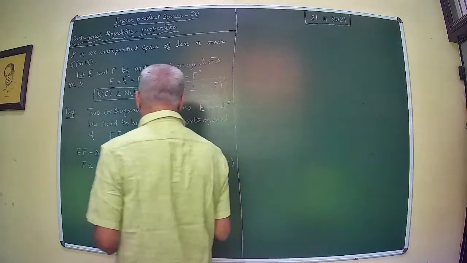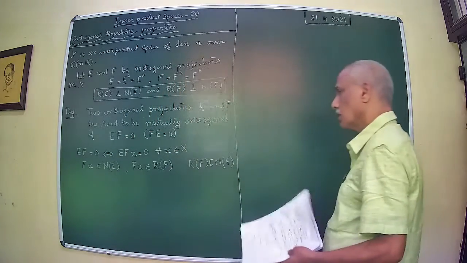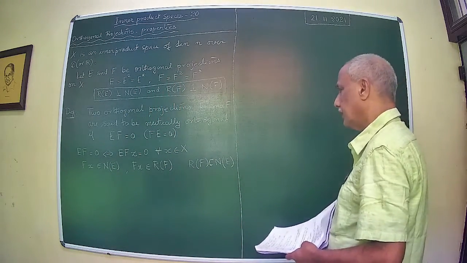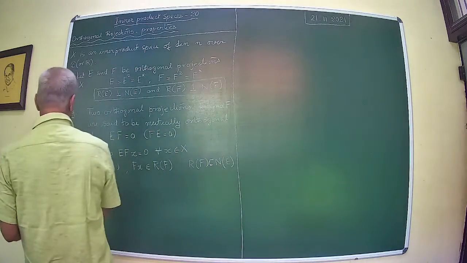That's the meaning of that. If FE equal to 0 means range of E is contained in null space of F. So this is the meaning of that.